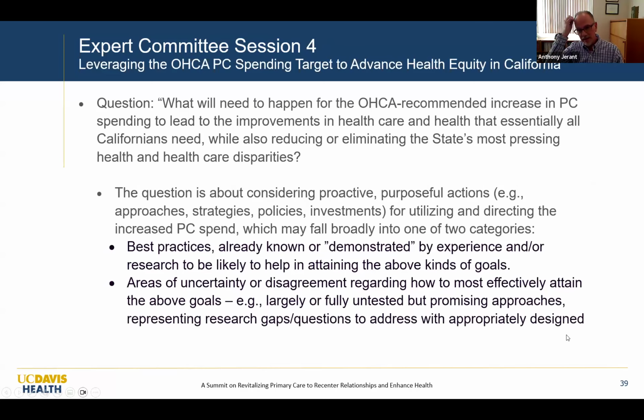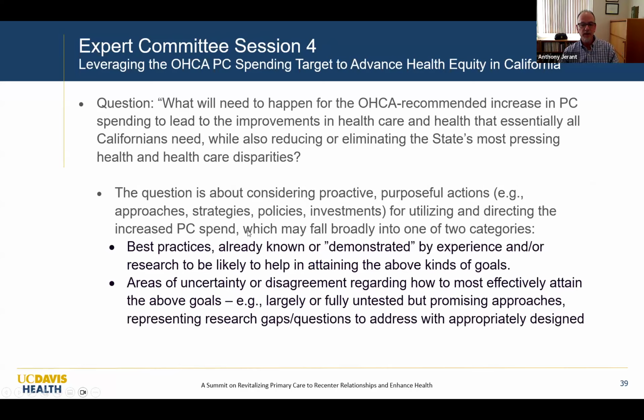And then lastly, 4 was on the last morning, and it was a little more California-centric and equity-focused. I led this one: what will need to happen for the OCA recommended increase in primary care spending to lead to improvements in health and healthcare, so that essentially everyone benefits, and hopefully we might be able to narrow or eliminate some disparities?